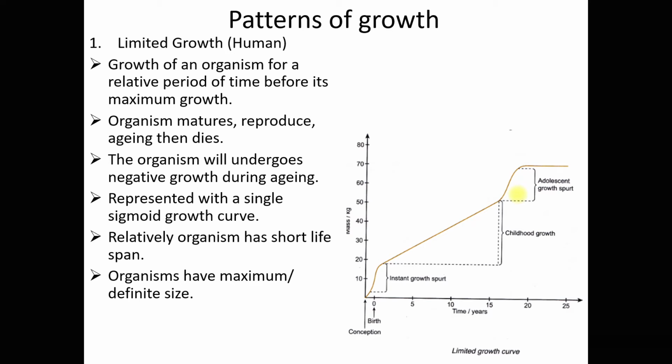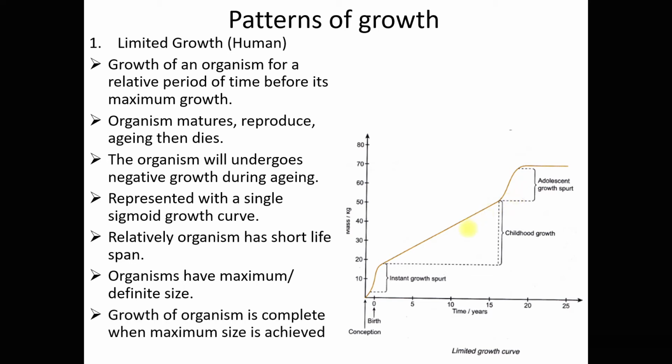You don't tell me that your size keeps on increasing in your old age. We don't continue to increase in size throughout our life. In humans we have a maximum or definite size. So the growth of the organism is complete when the maximum size is achieved, right?